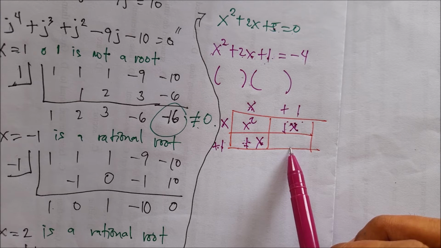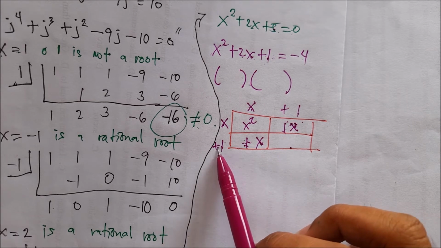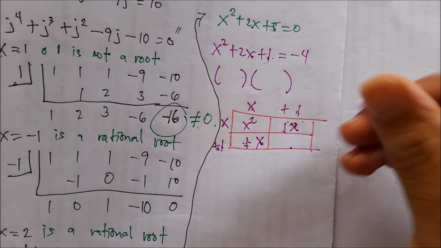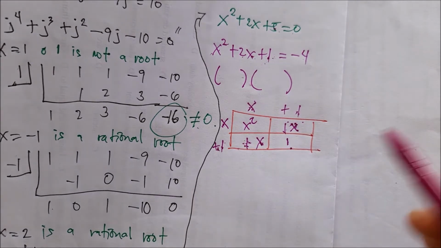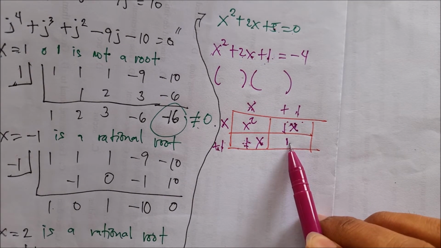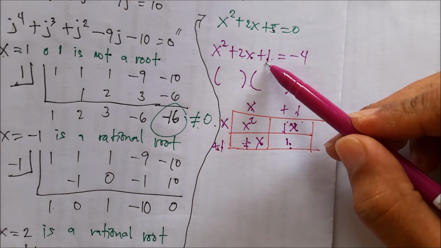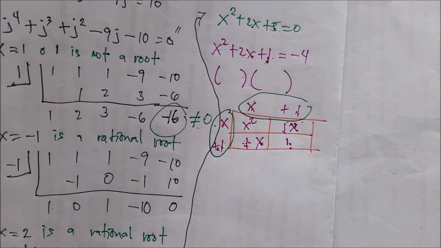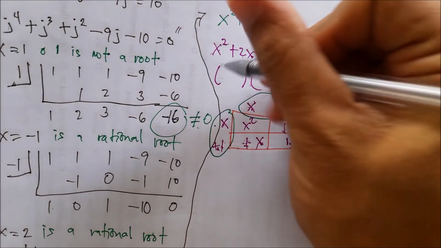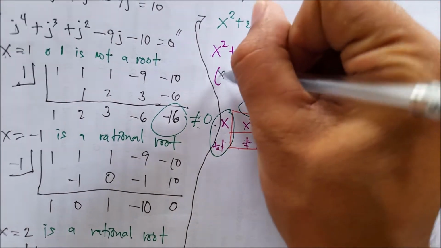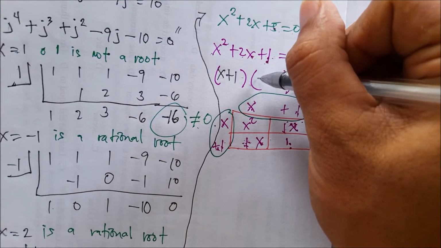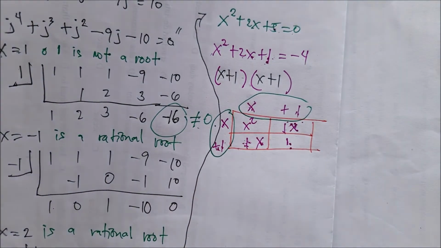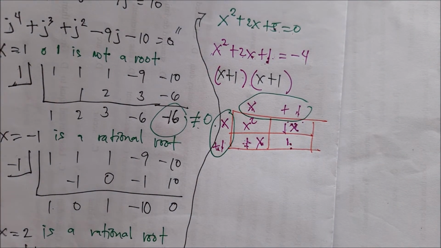How about this last box? Positive 1 times positive 1 equals positive 1. The 1 is located from the last term, which is positive 1. Then use this pair. Put in the parentheses x plus 1, then x plus 1. Have you observed the factors?